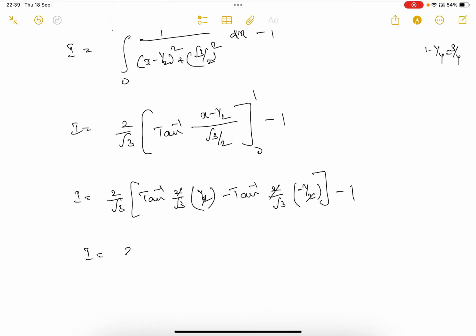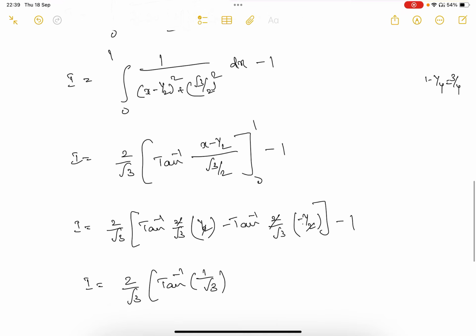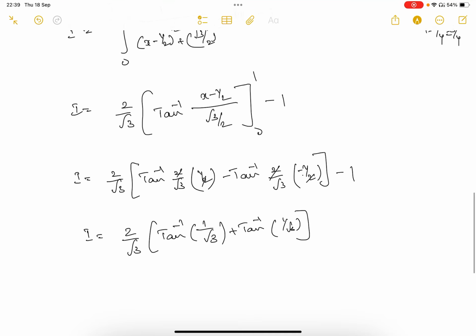Then this 2 will get cancelled here. Then I is 2 by root 3 into tan inverse 1 by root 3. Here this will become this minus and this minus, because we are taking the values x equal to from 0 to 1. Then this will be plus tan inverse 1 by root 3, minus 1.